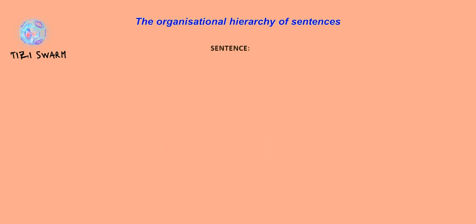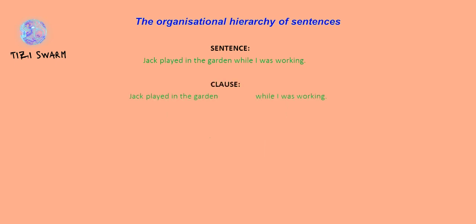So if we have a look at a sentence then, Jack played in the garden while I was working, we can divide the sentence into two clauses. Okay, so the two clauses in this sentence are Jack played in the garden and then while I was working. Okay, so actually while, that is your conjunction joining together the two clauses.